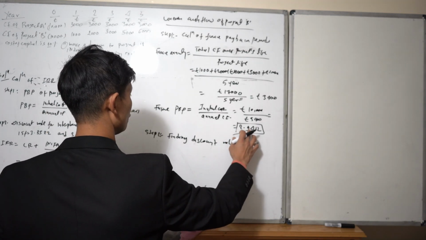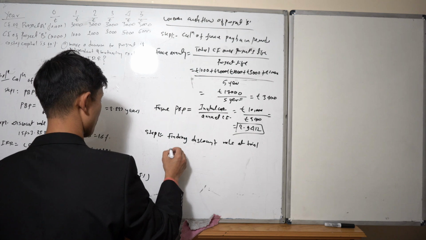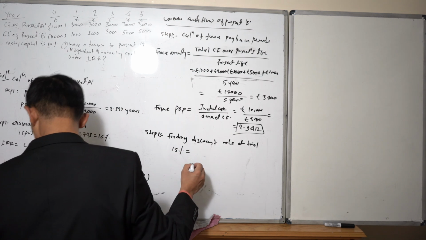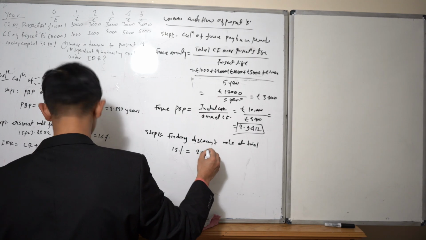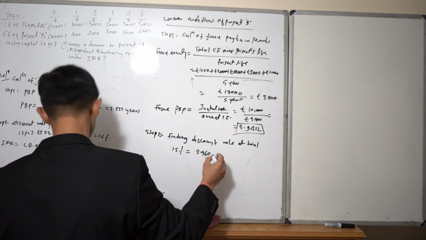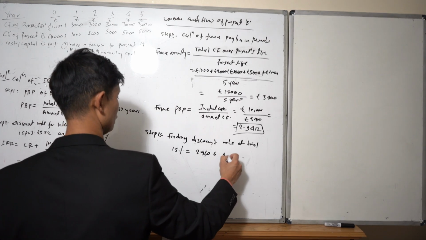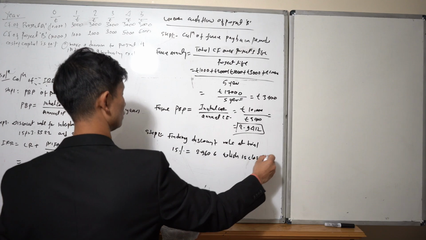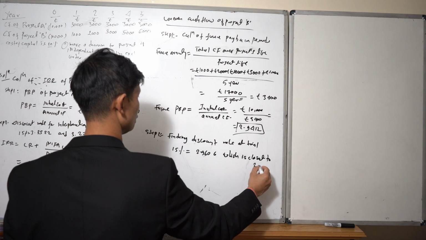This 2.9412 lies between 15%, which is 2.9606, and 16%, which is closest to this fake payback period.